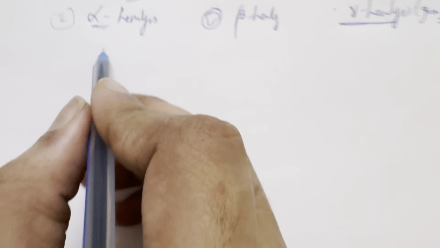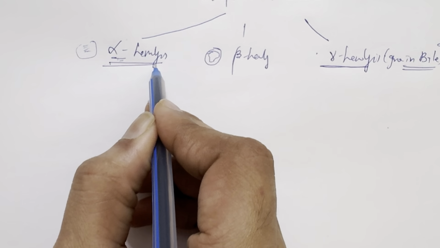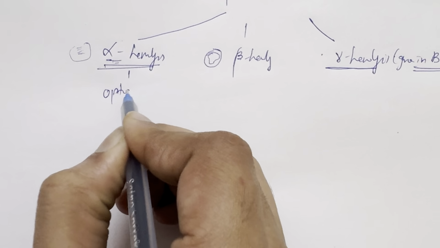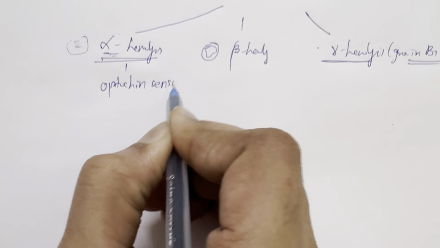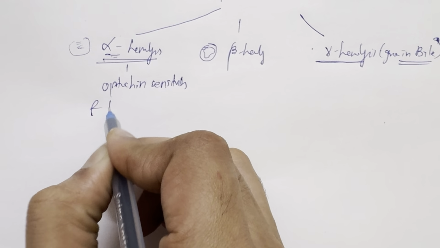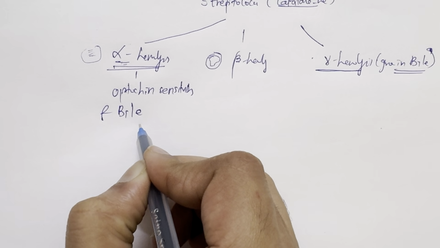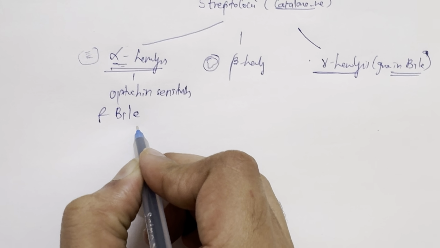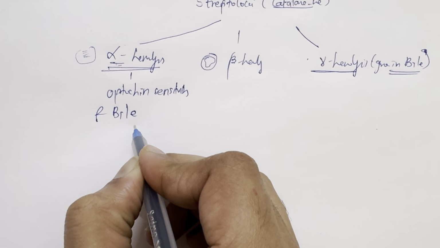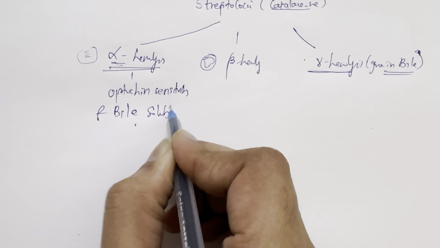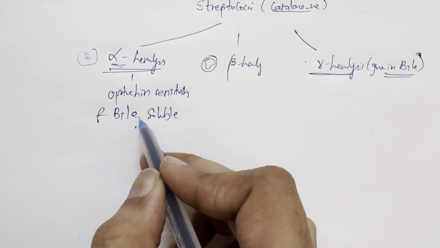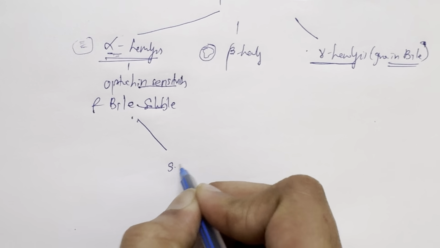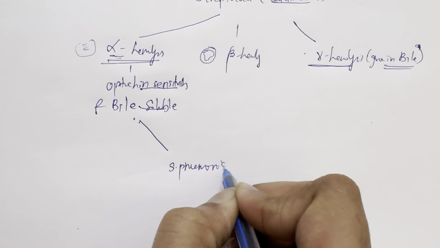So let's talk about alpha hemolysis first. In alpha hemolysis, the organisms are divided based on optochin sensitivity and bile. So first thing, if an organism is soluble in bile and is sensitive to optochin, then you need to know the organism is Strep pneumoniae.